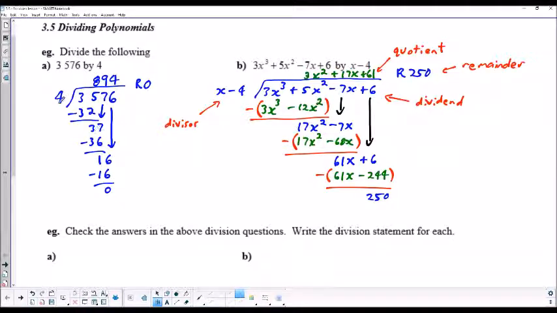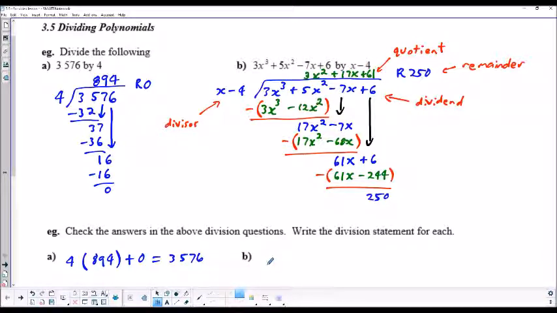So now if we were to multiply 4 times 894 plus the remainder, we should get 3,576. So here's my divisor. I multiply by the quotient. I add the remainder. And if you'll believe me, 4 times 894 plus 0 is 3,576.